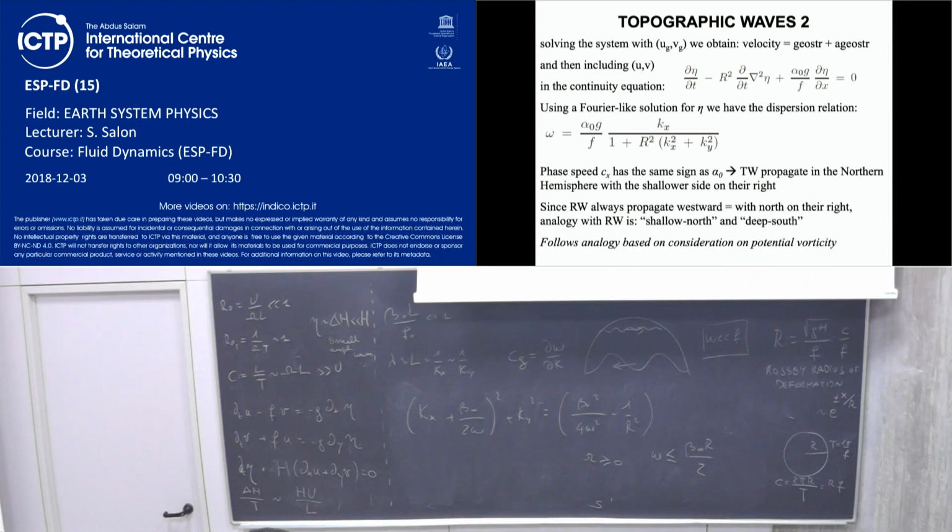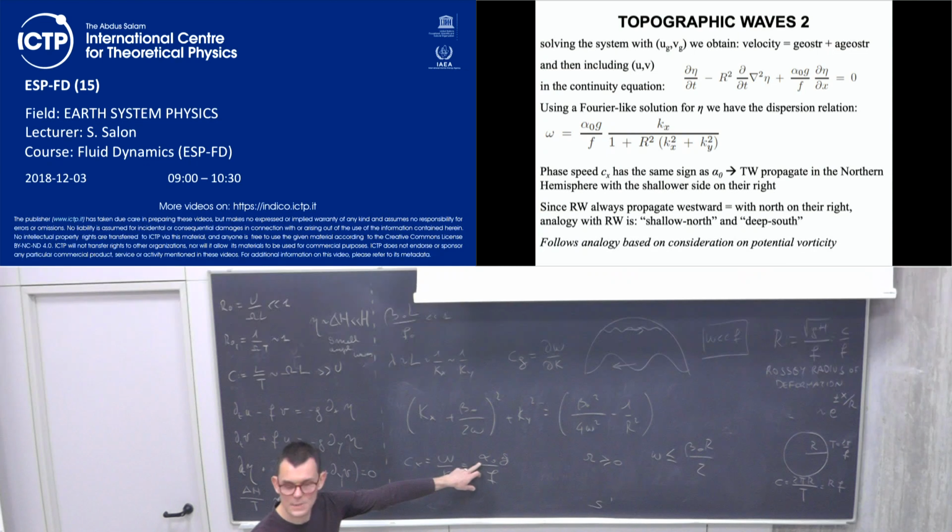And there is a very nice analogy, because what we will find is that the phase speed Cx is nothing more than this expression here divided by Kx. Since this term is positive, the only possibility is that Cx will have the same sign as alpha 0.